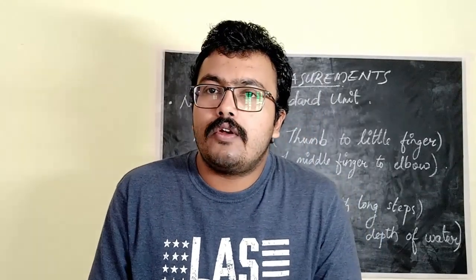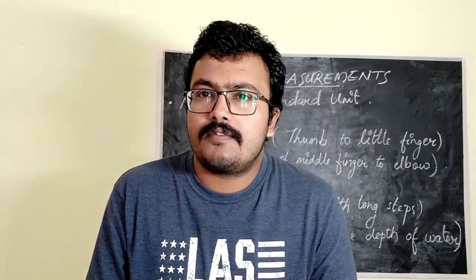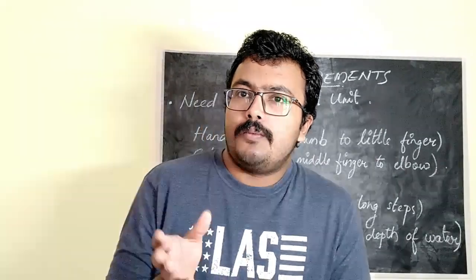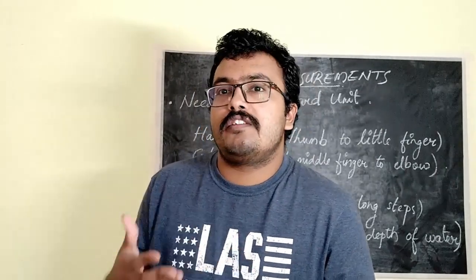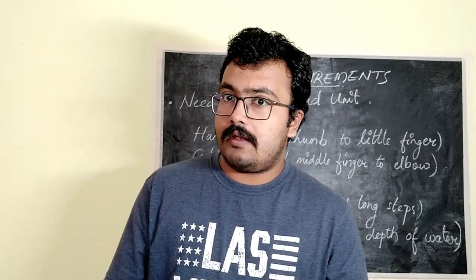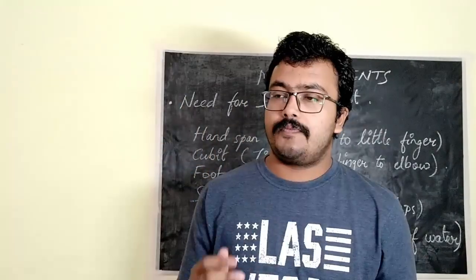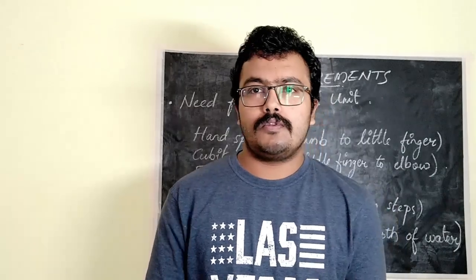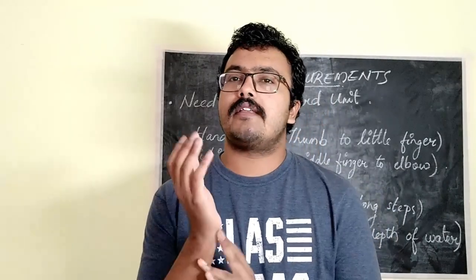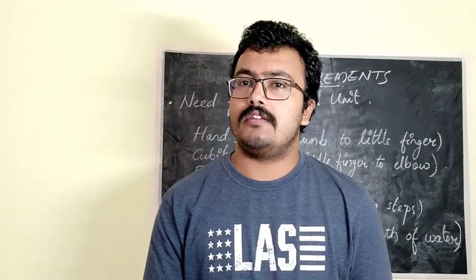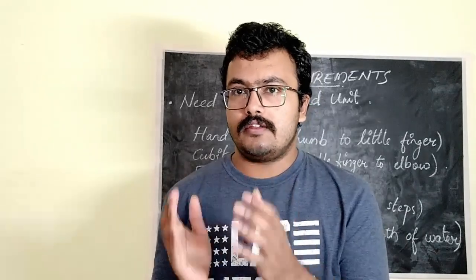In order to get rid of these confusions, scientists came up with a new method of measuring things, and that method is called standard unit. I hope now you understood why the standard method of measurement is being used in recent days.